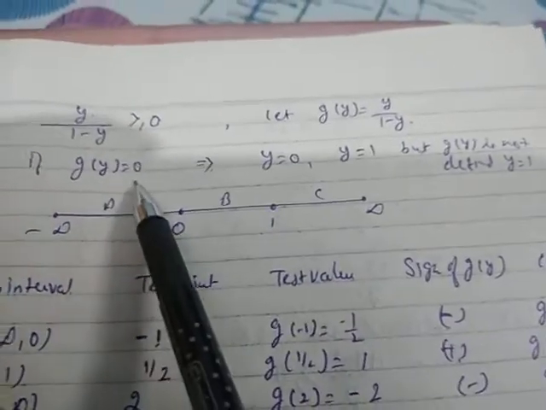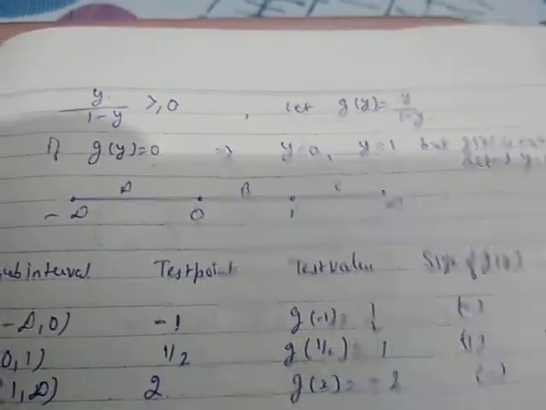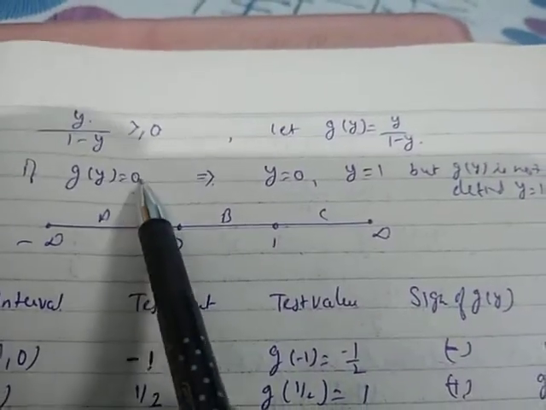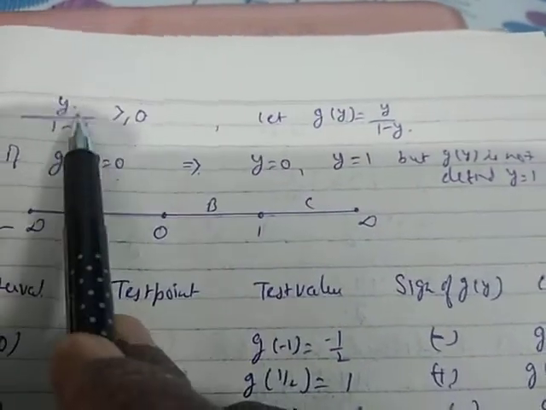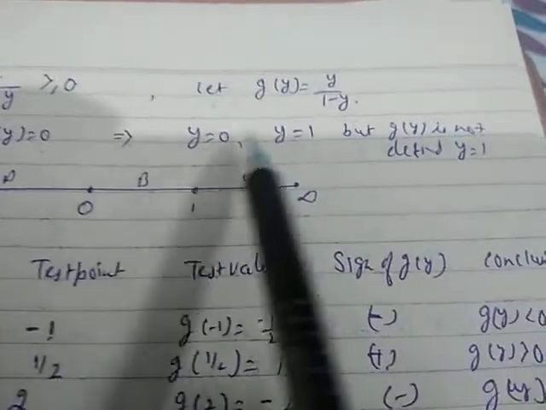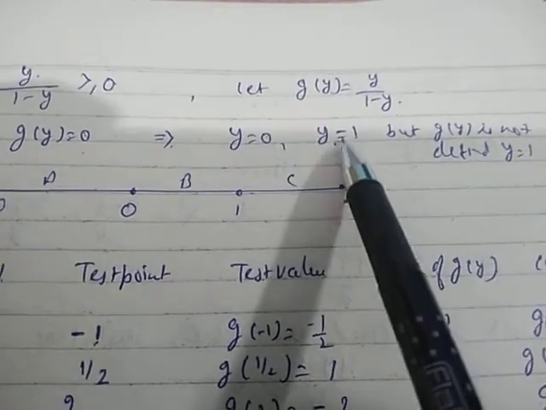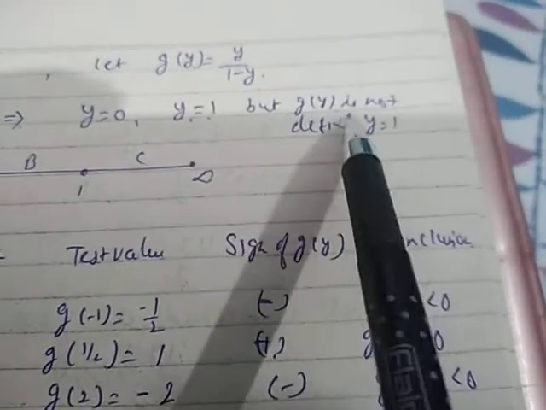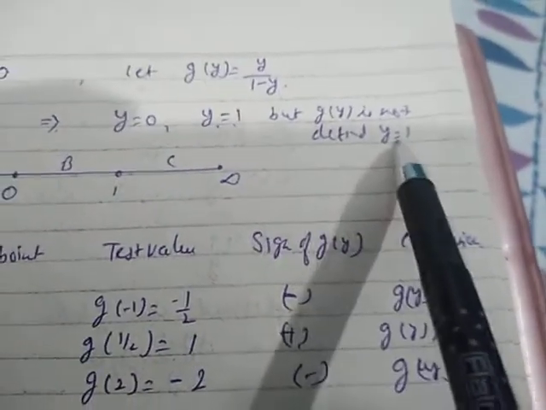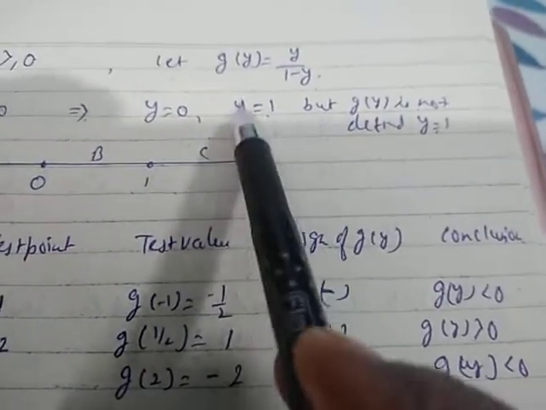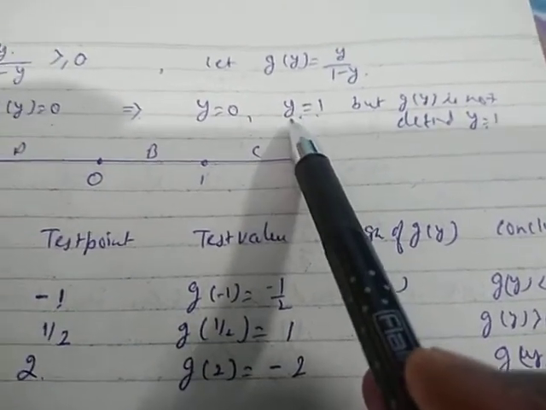If g(y) = 0, it implies y = 0, and 1 - y is not equal to 0. If y is 1, g(y) is not defined, so we take this point as not included.